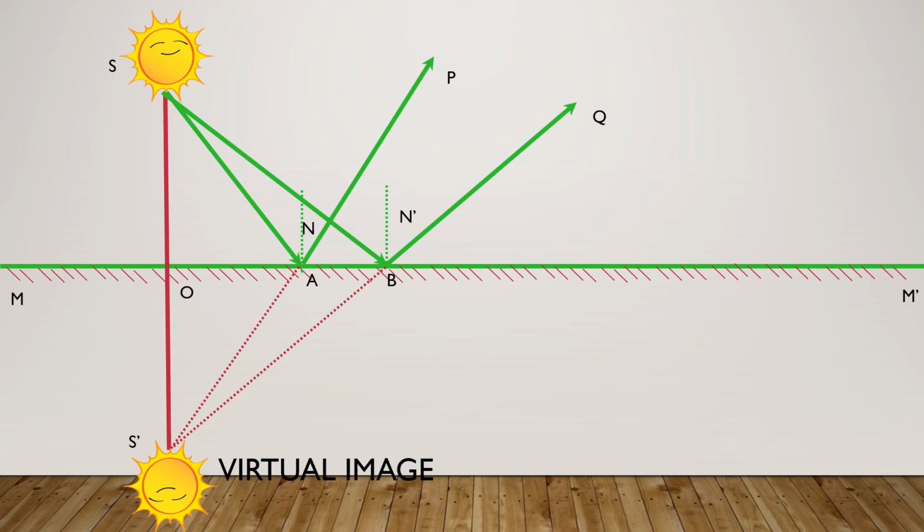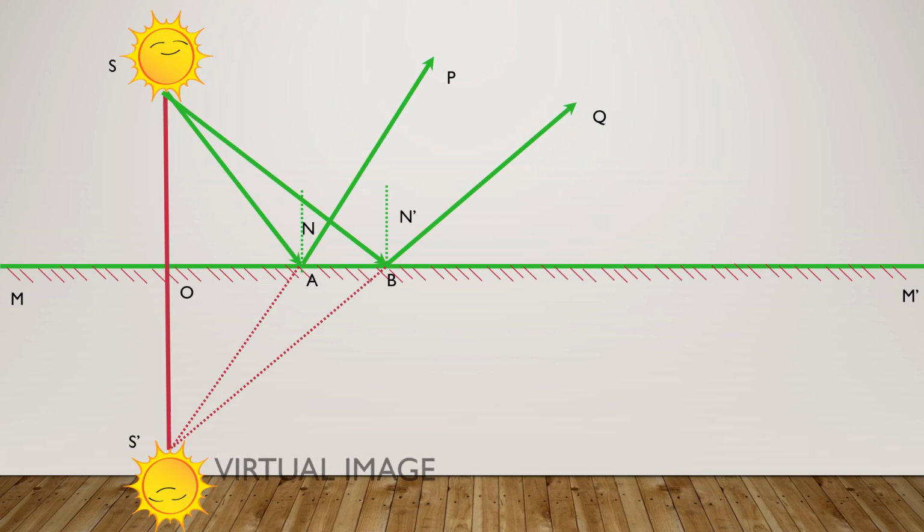If they are parallel, even if you draw backwards, they will not meet. If they are converging, there is no need to draw any extension. But as they are diverging from each other, we have to draw a dotted line.